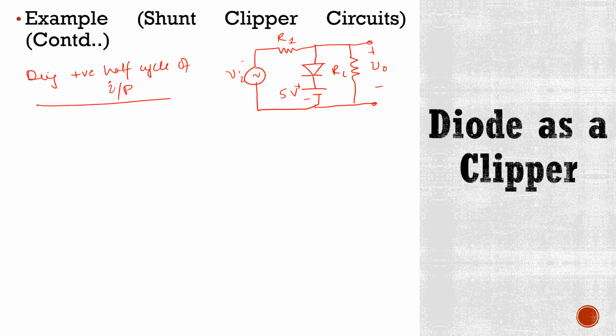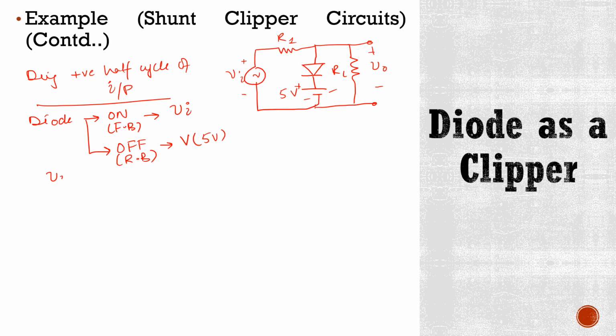If this terminal is positive and this is negative, then this diode will be on or forward biased by this input supply voltage, and on this side, this diode will be off or reverse biased by this DC battery, that is 5 volts.